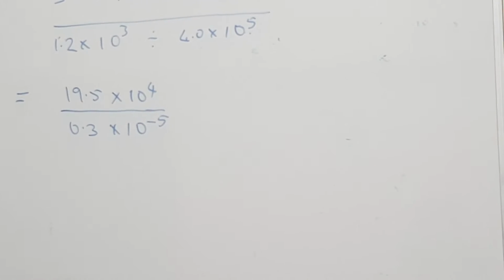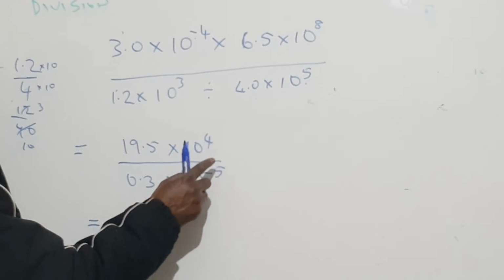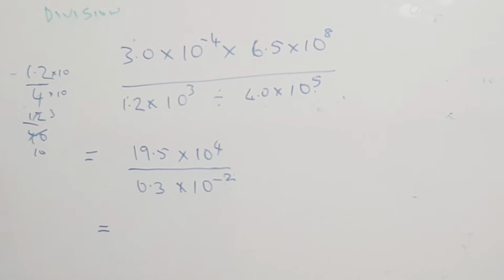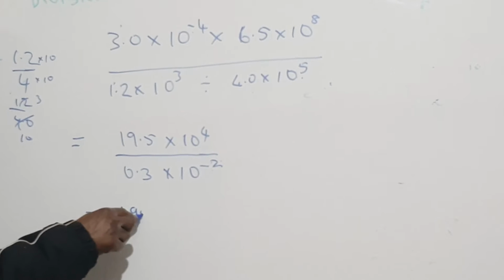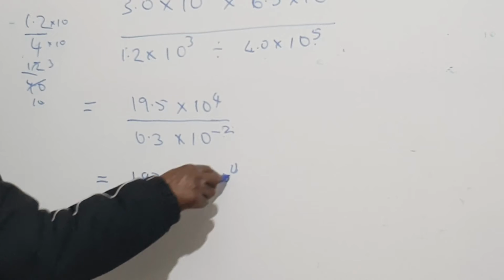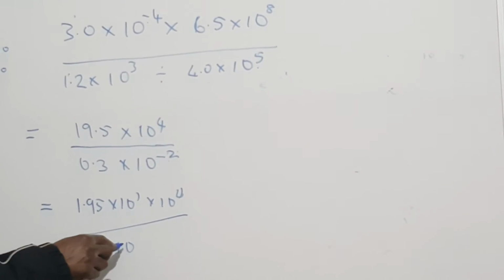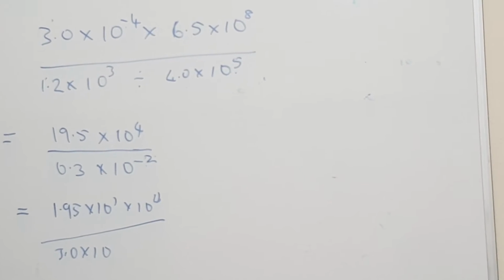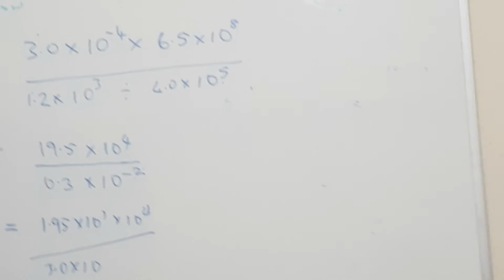So all of them are not in standard form. What do we do? We take them. 10 to the power minus 2. So 19.5 in standard form is 1.95 times 10 to the power 1, times 10 to the power 4, divided by, what about 0.3? It's 3.0 times 10 to the power, no, Ali, what is it?